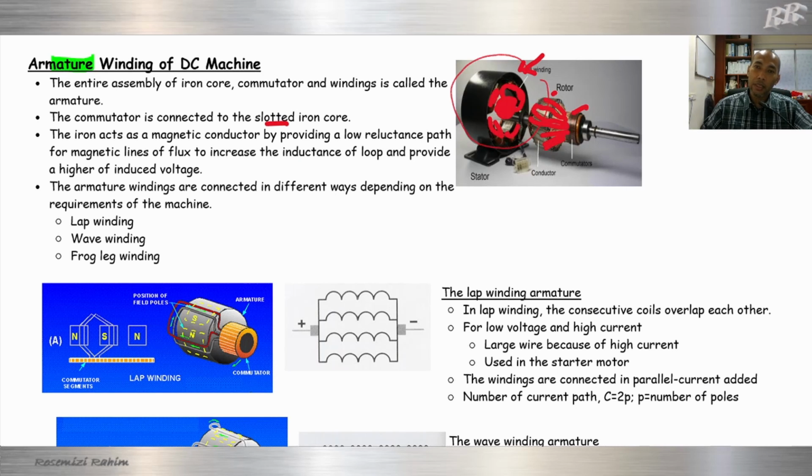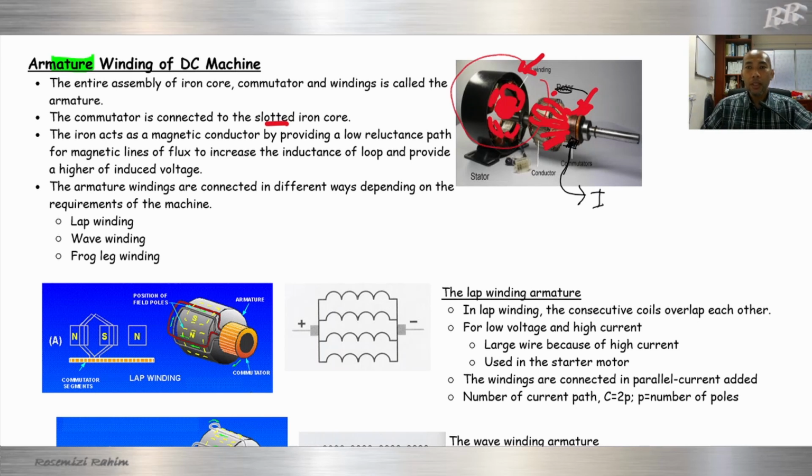The current will flow through the conductor and go out through the brushes. The brushes contact the commutator, and the induced current flows to the external circuit.